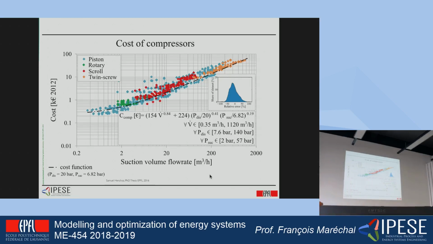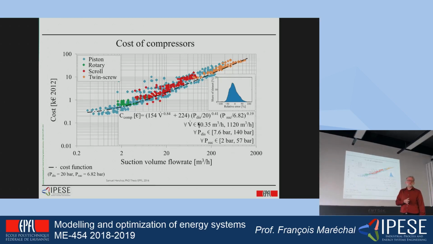Then he made a very nice function like this one, where the cost of the compressor is a function of the volumetric flow. The volumetric flow is a function of the pressure at the inlet, the suction pressure, and the distribution pressure. And he gives us ranges in which the function is valid.